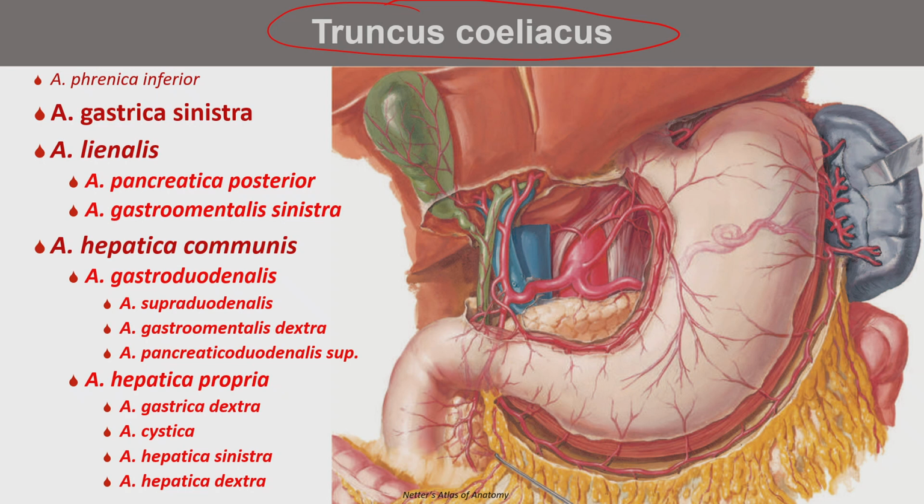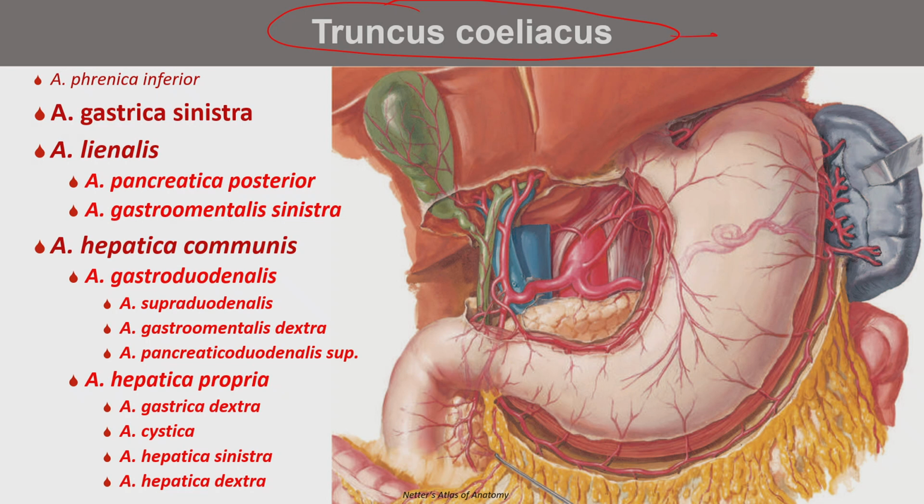Now I turn to ventral branches of abdominal aorta: ventral, visceral arteries. We have 3 main arteries supplying abdominal organs, which are created from primitive gut. So this is a superior mesenteric artery, inferior mesenteric artery, and the first branch is called truncus celiacus.